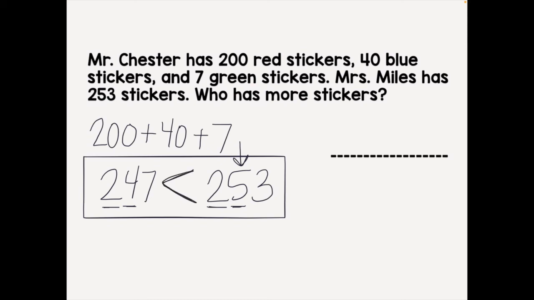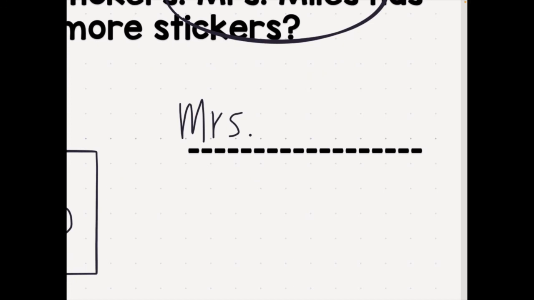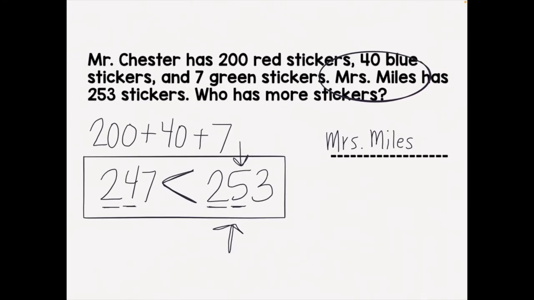And since I'm eating the bigger number, this number right here, 253, belonged to Mrs. Miles, so I'm going to write her name on this line. Mrs. Miles. Because she had the most. It was pretty easy, wasn't it?